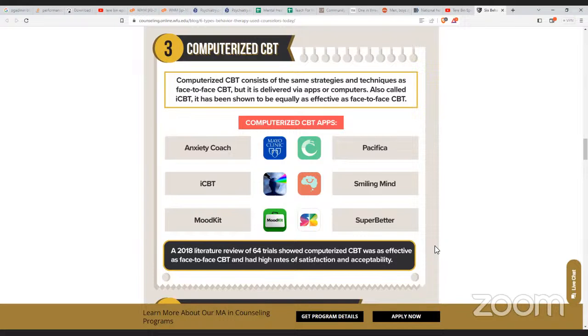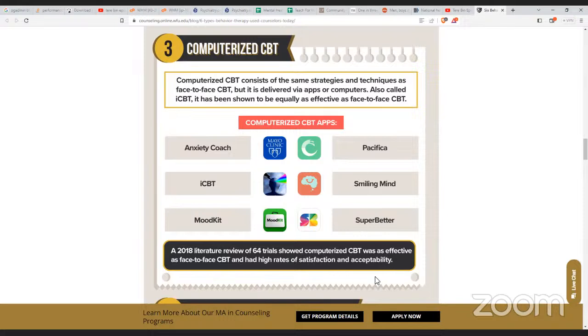Yes, in detail. Okay. So this data is telling that a 2018 literature review of 64 trials showed that computerized CBT was as effective as face-to-face CBT and had high rates of satisfaction and acceptability. I think this one I can rely on, right?